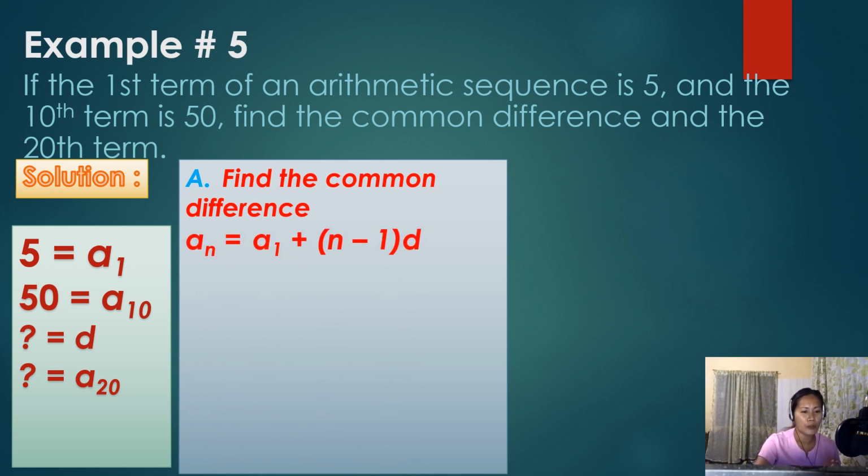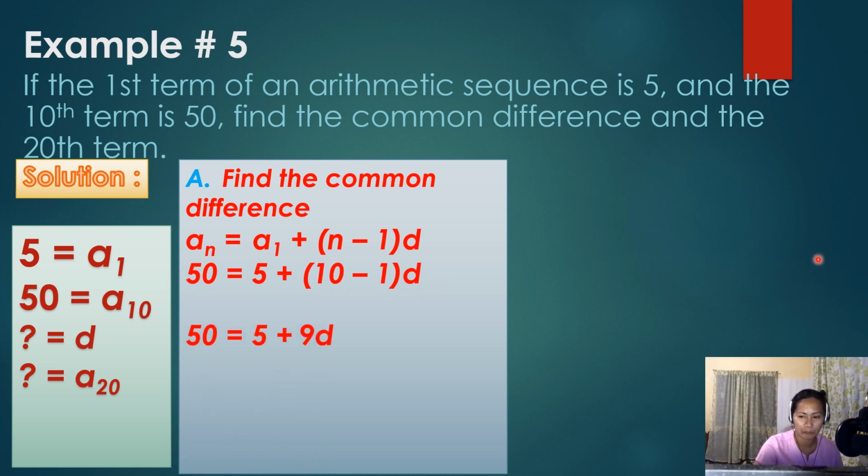we have to use again the formula, and then we substitute with a sub n, that is 50, equals a sub 1, that is 5, plus, since 50 is our 10th term, then we have 10 minus 1 times d. So 50 is equal to 5 plus 9 times d.